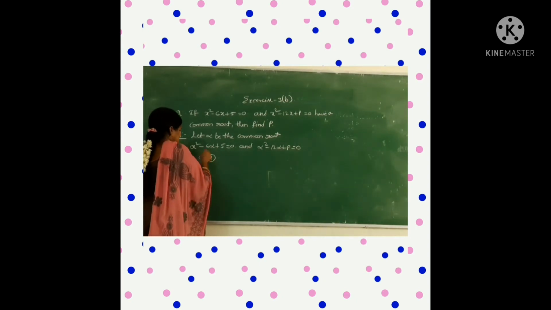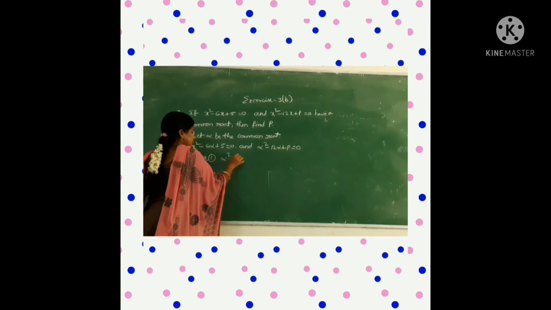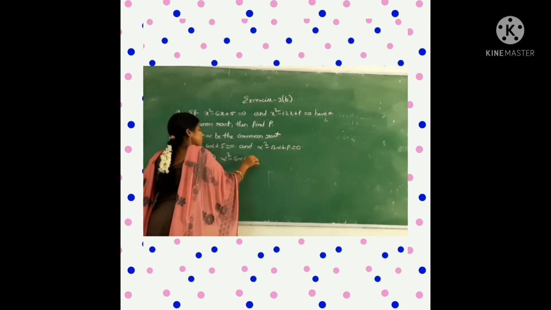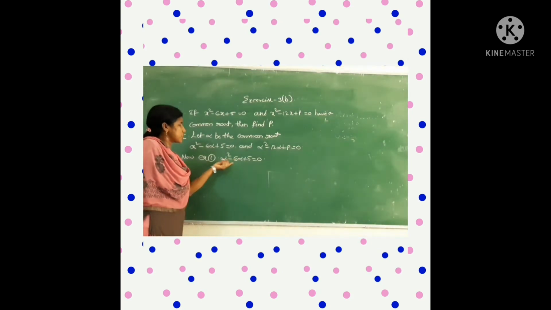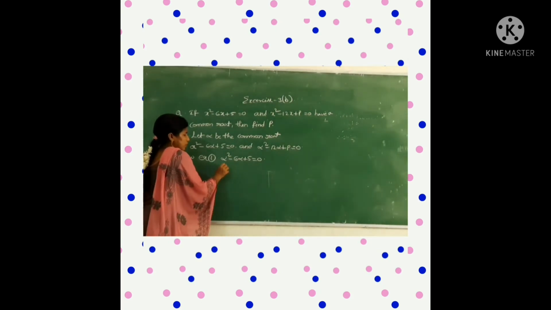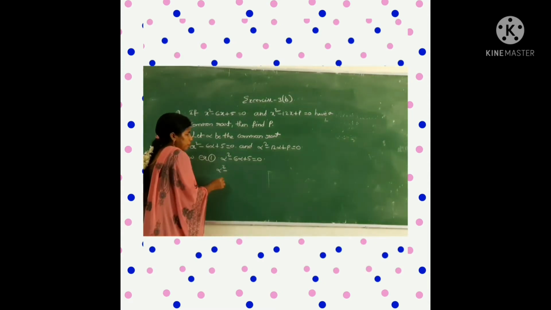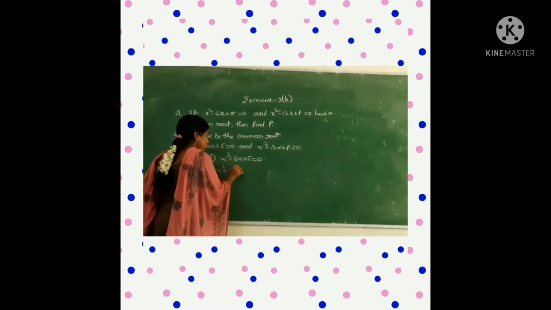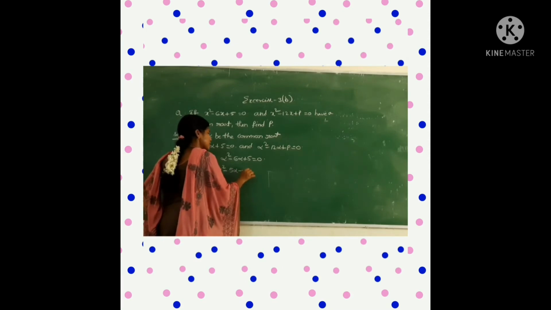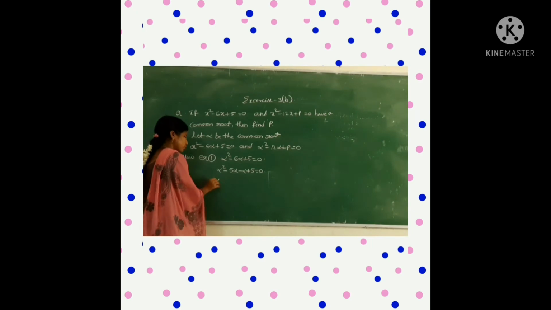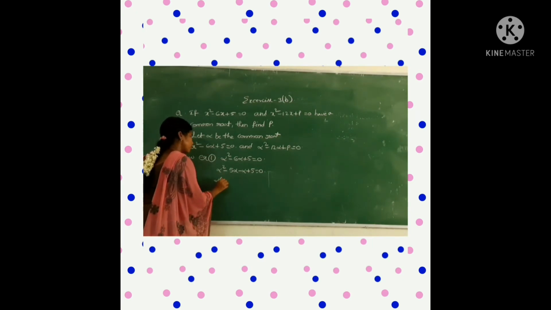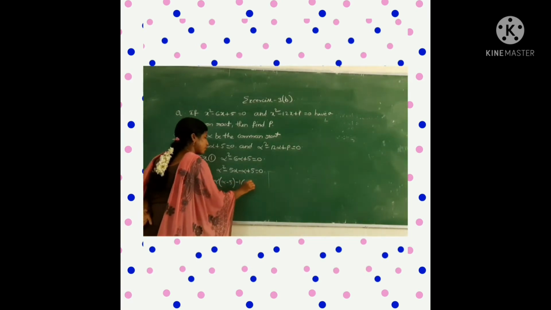Now equation 1: alpha square minus 6 alpha plus 5 is equal to 0. What are the factors of this equation? See here, alpha square minus 5 alpha minus alpha plus 5 is equal to 0. Taking alpha common, alpha into alpha minus 5 minus 1 into alpha minus 5.